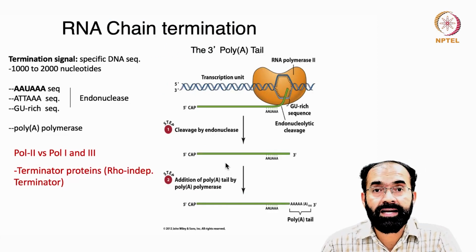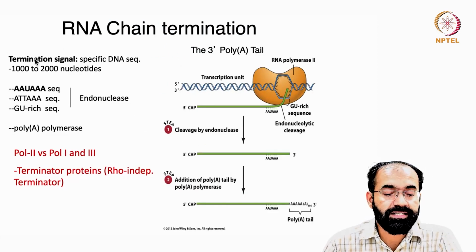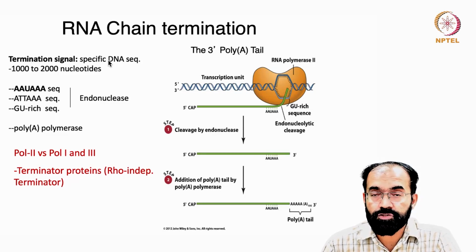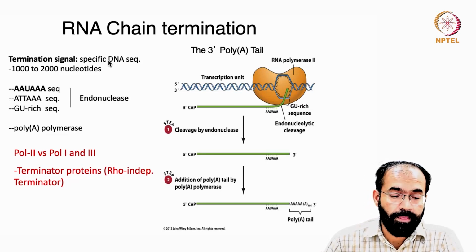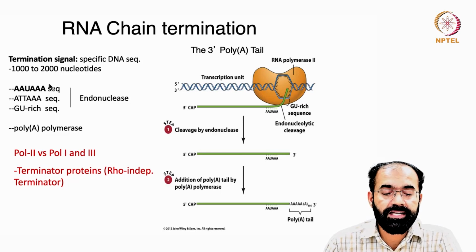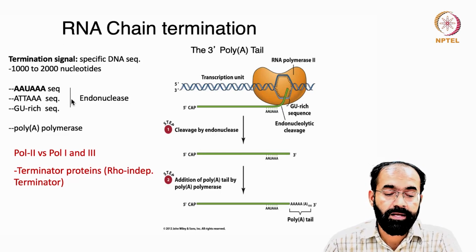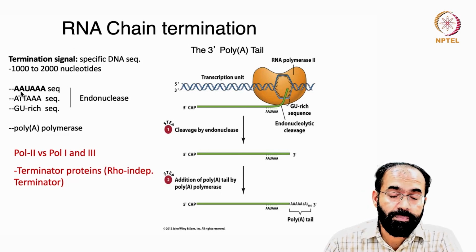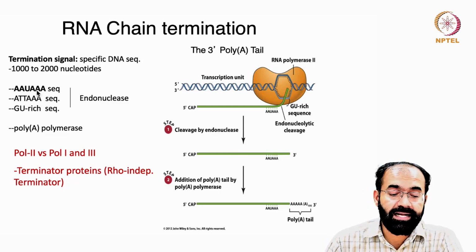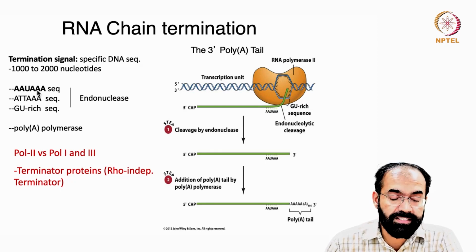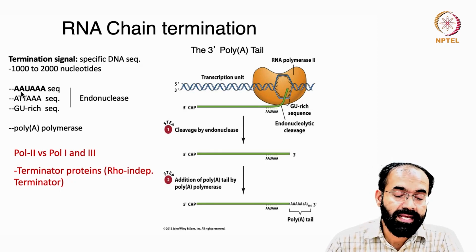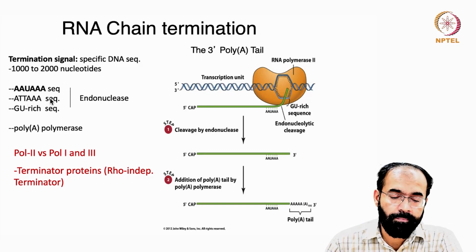So then comes RNA chain termination. The termination signal has to be very specific, because the DNA sequence can span around 1000 to 2000 nucleotides, and there are specific sequences that can act as a termination signal. What are they? AAUAAA, that is one termination signal, or AUUAAA.